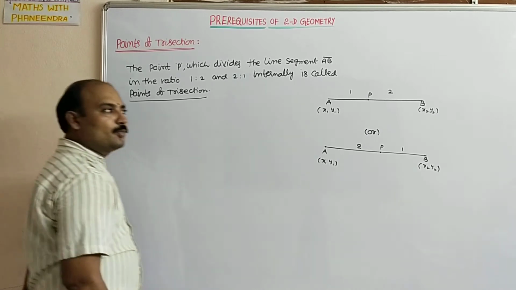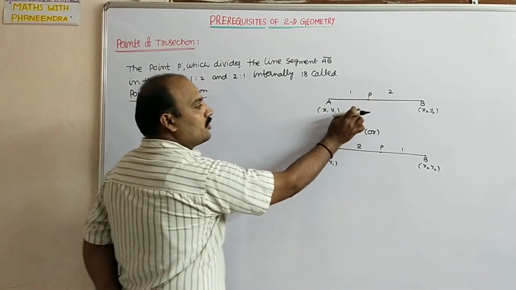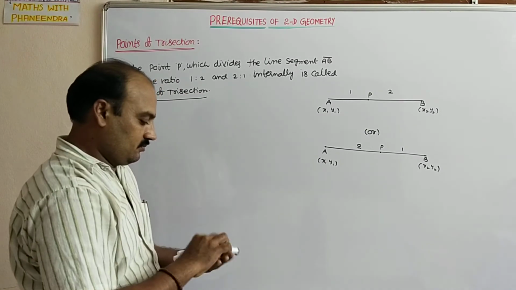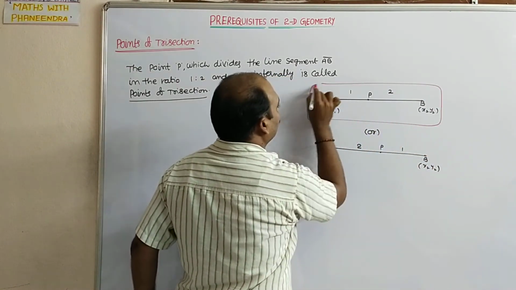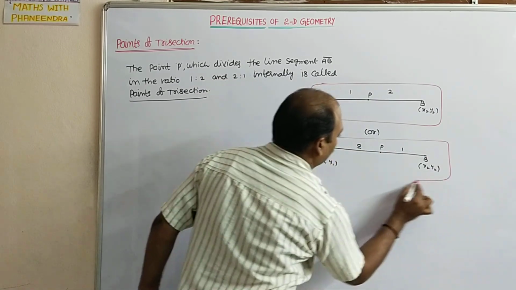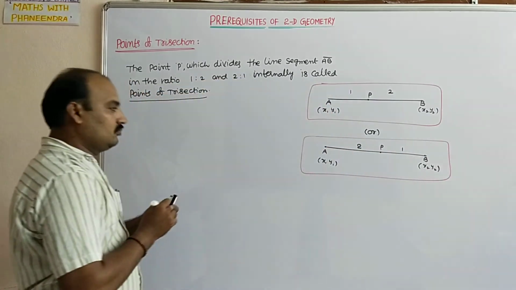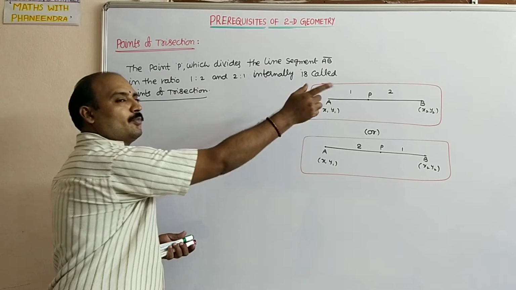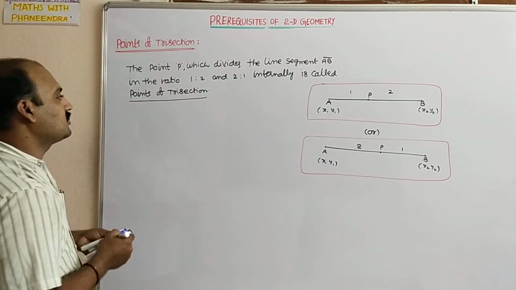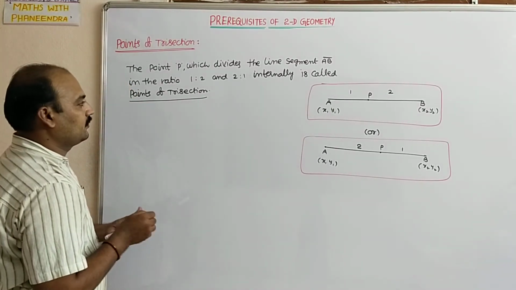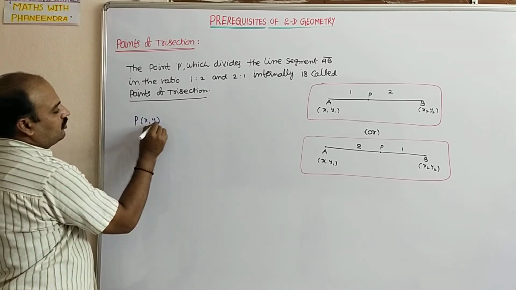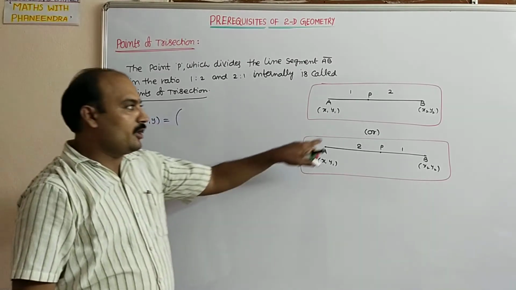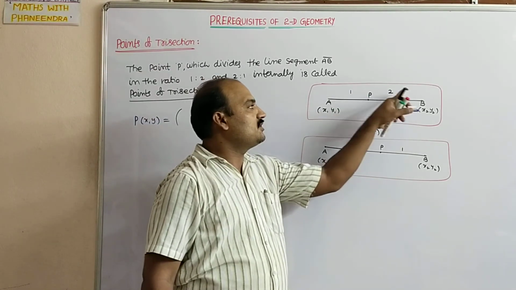See here, come to the point. Suppose if you come to this figure, the point becomes P of x comma y, which divides according to this figure. This is m, this is n.